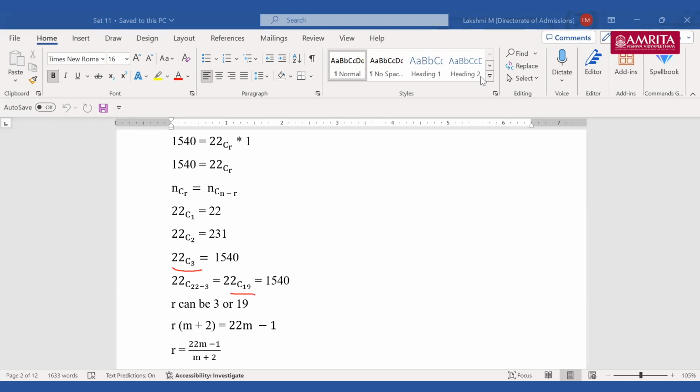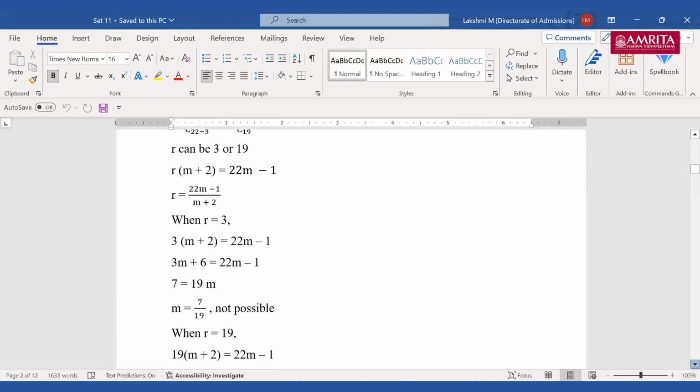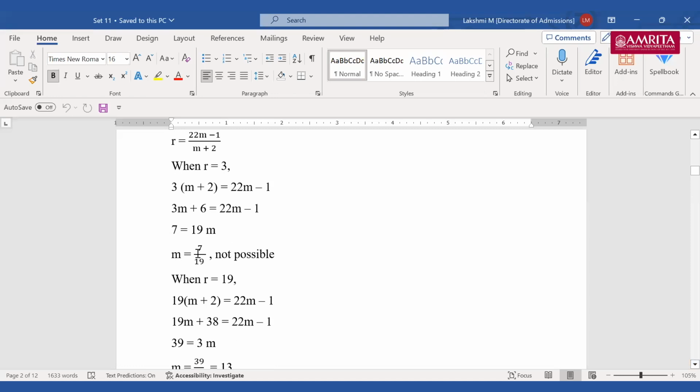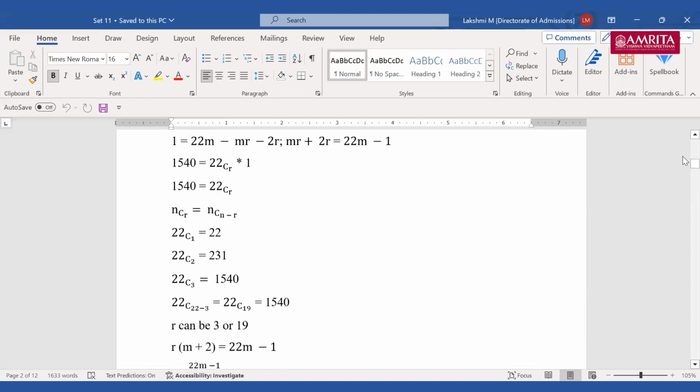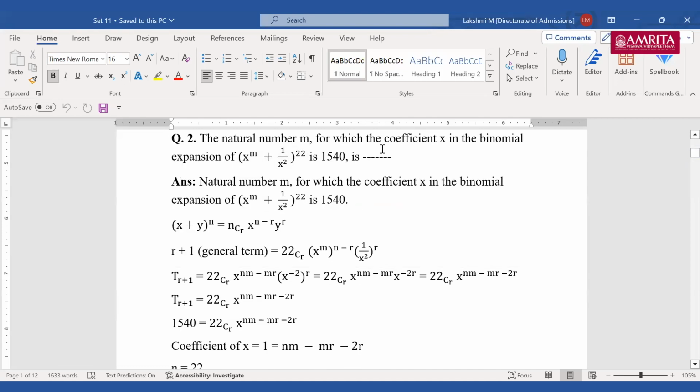If I have the value of 3 or 19 here, I'll be able to substitute it and find out which r is possible. What is the possibility here? In the first case, I'm going to substitute 3. When I substituted, I got the value 7 by 19, which is actually not possible according to the question, because the question is asking for the natural number m.